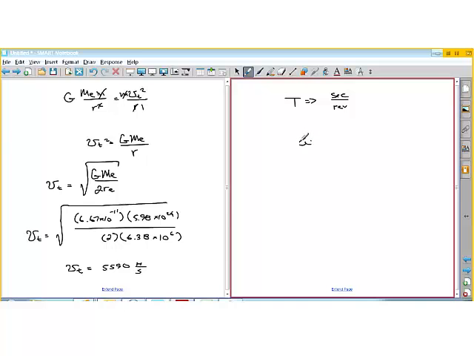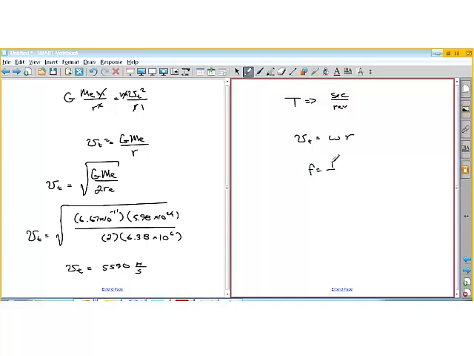So we have that omega is equal to, okay, one of the relationships between angular speed and tangential speed is that the tangential velocity is equal to omega times r. And we also know that, what else do we know?